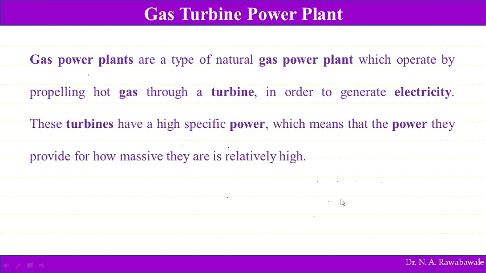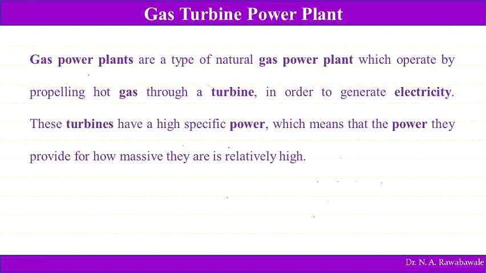Then coming to the gas turbine power plant. This gas turbine power plant is a typical natural gas power plant which operates by propelling hot gas through a turbine. So hot gas is passed through the turbine in order to convert heat energy into mechanical energy. That is, hot gases are first produced, and those gases are expanded in the turbine, and this turbine is connected to the generator to produce electrical energy.